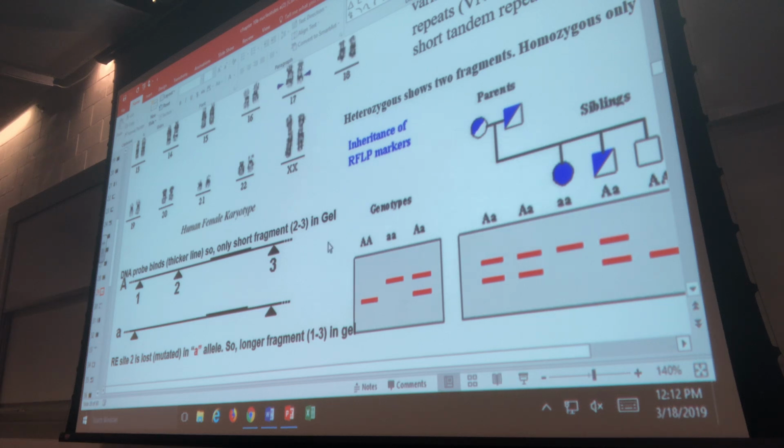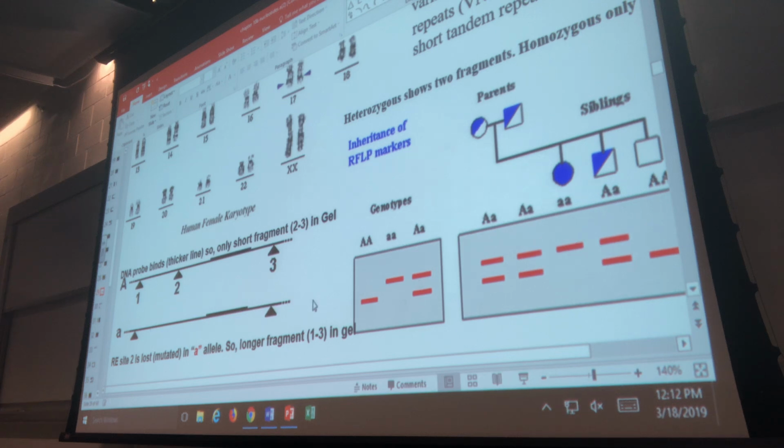The result, if we use this same restriction enzyme on both versions of this gene: on the capital A version, we create a short fragment and a medium-sized fragment of DNA. But if we use it on the lowercase a one, we create a really long fragment.